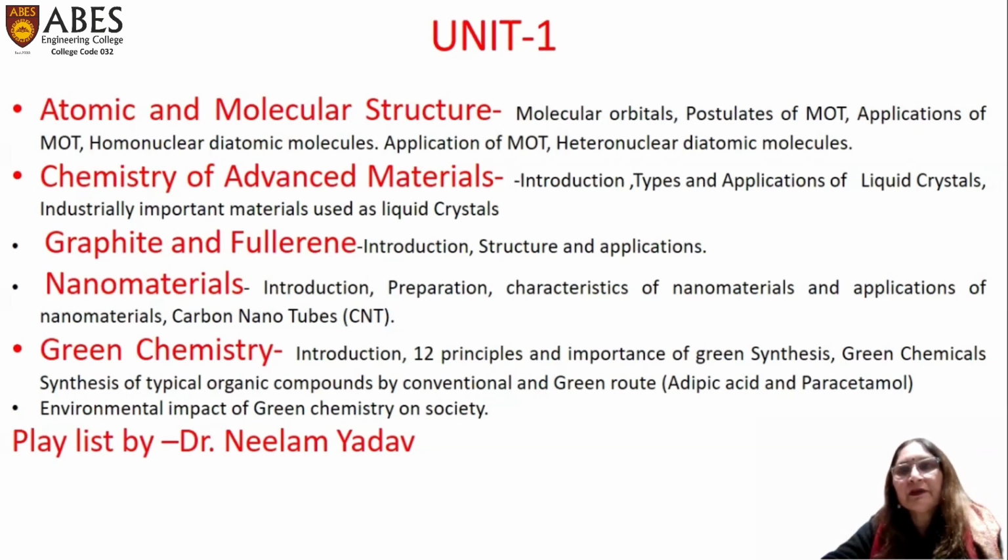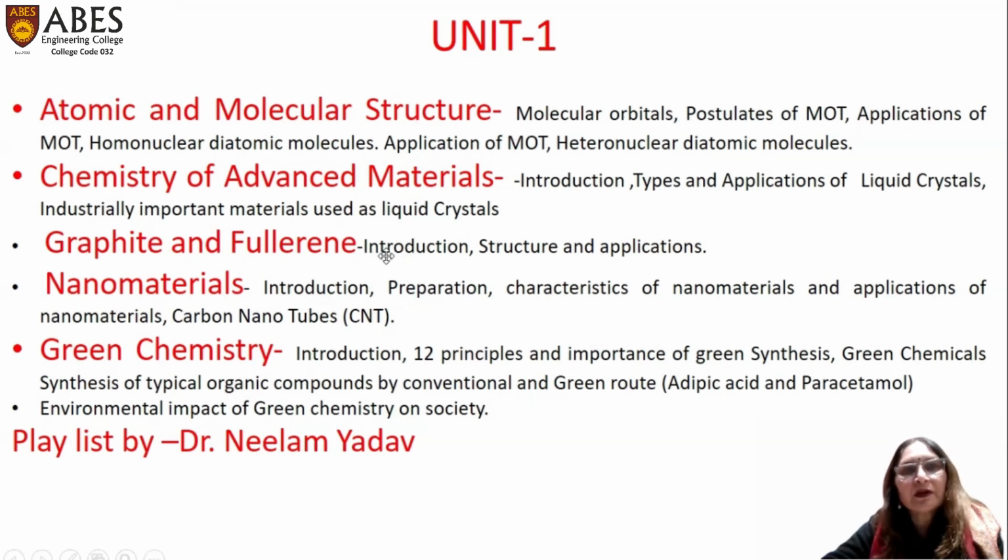And after that, we will discuss what is a liquid crystal, what are the applications of liquid crystals, and classification. As you know, liquid crystals are used in thermography, LCDs, traffic lights, etc. In graphite and fullerene, what is graphite, what is fullerene?